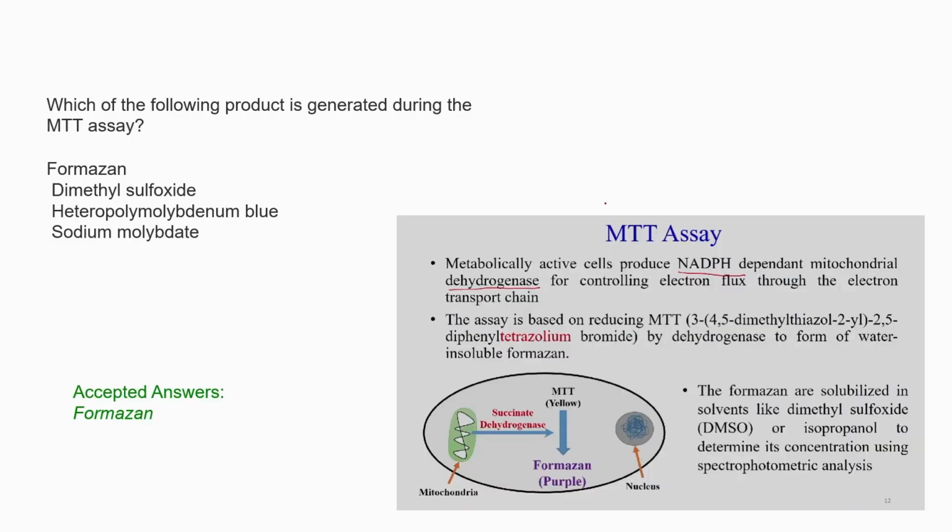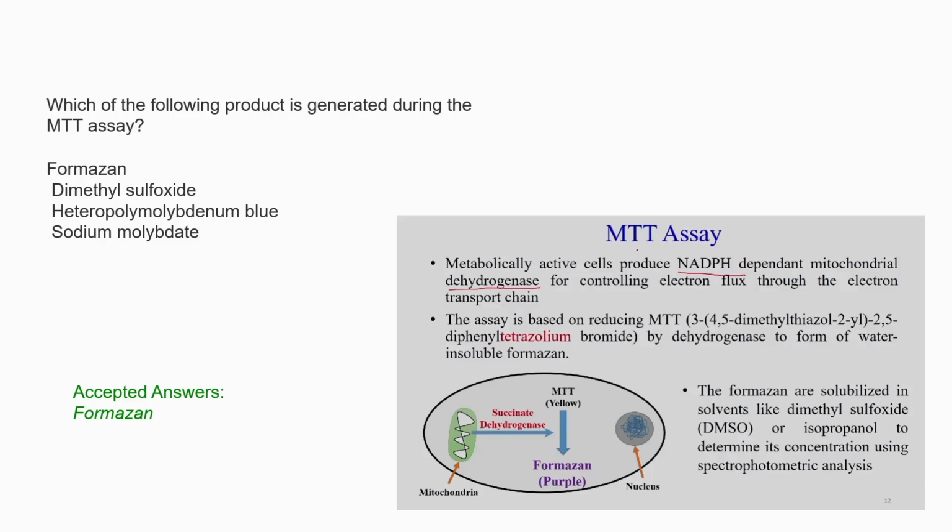So MTT assay is basically a cytotoxicity assay for in vitro analysis, where we first incubate the cells with the biomaterial and then analyze the cells with the help of this MTT assay.